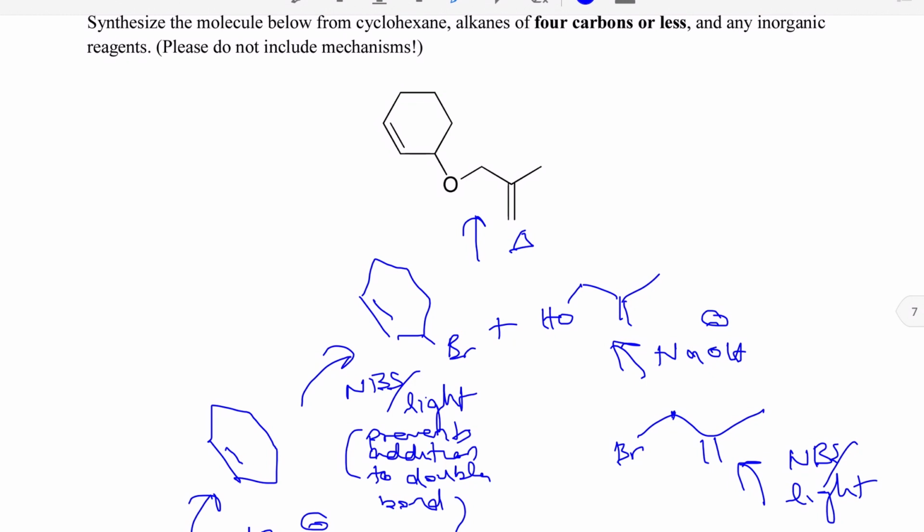If we want to work backwards, retrosynthesis, a good starting spot is always here, right? Because from the problem statement, we're not given ethers, we're not even given alcohols or anything like that. So if there's a CO bond there, that means that it had to be formed from some sort of reaction. It wasn't a starting material.